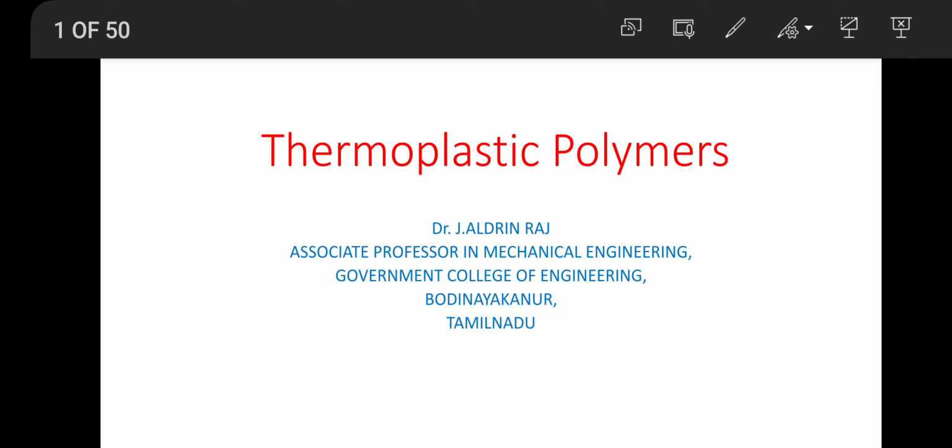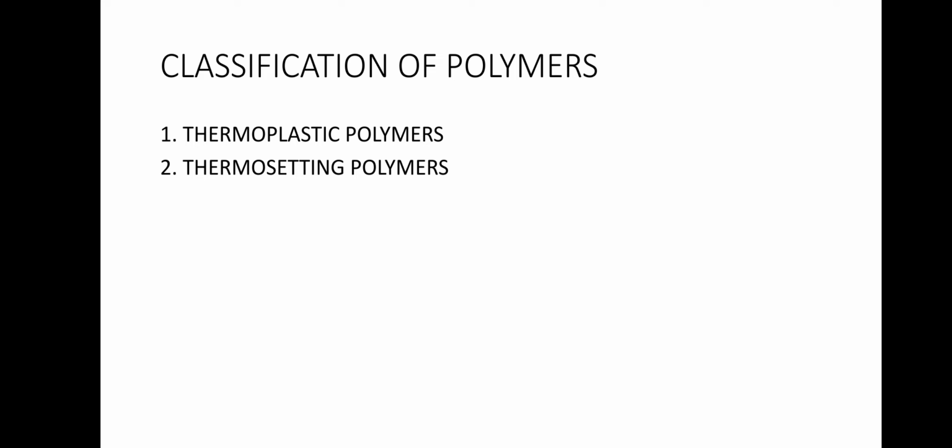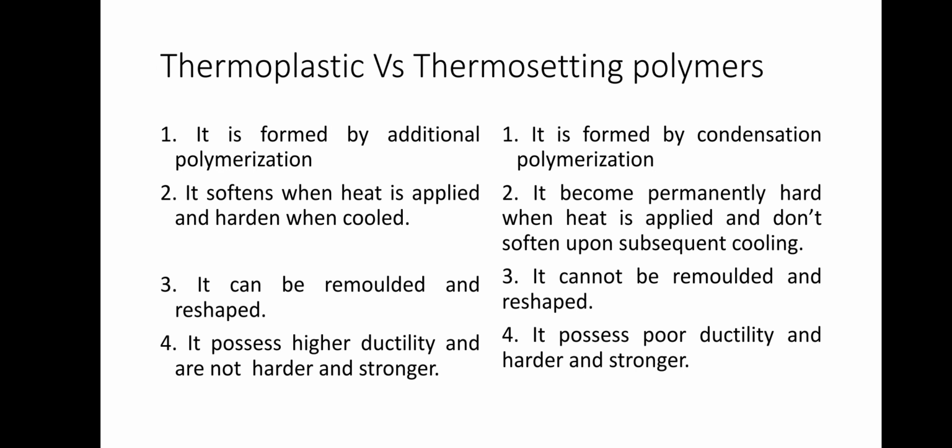Examples of synthetic polymers are hydrocarbons such as ethylene, propylene, and vinyl chloride, which act as monomers and combine to form polyethylene, polypropylene or polyvinyl chloride. There are two types of synthetic polymers: thermoplastic polymers and thermosetting polymers.